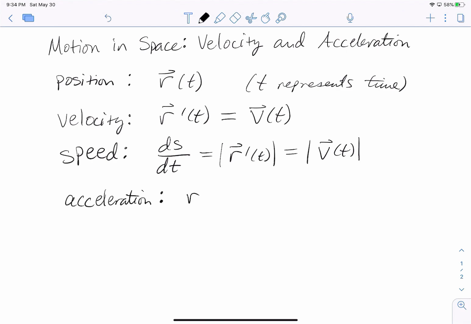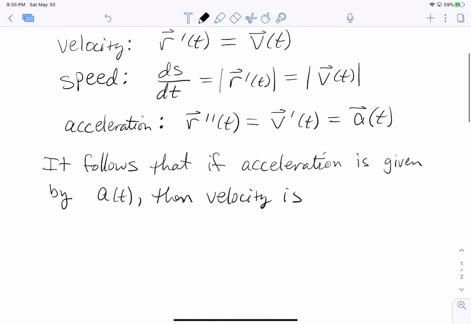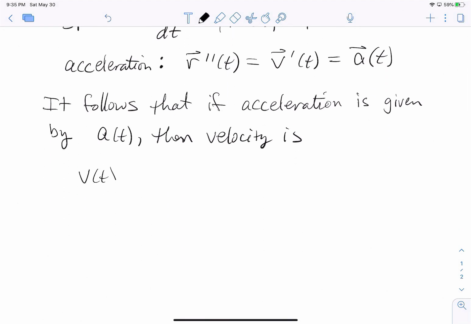Acceleration is the second derivative of position, also the first derivative of velocity, and is denoted a of t. Working backwards, we can say that it follows that if acceleration is given by a of t, then velocity is v of t, the integral of a of t dt plus some constant.